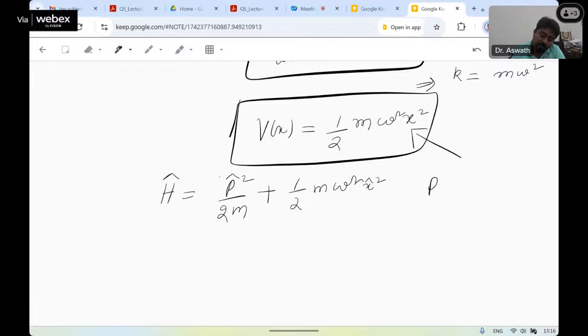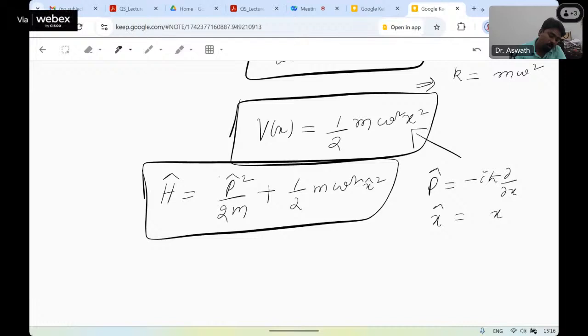What is the difference? P takes an operator form in one dimension, and x just takes a multiplication with the x value. So this is the Hamiltonian for the quantum harmonic oscillator.